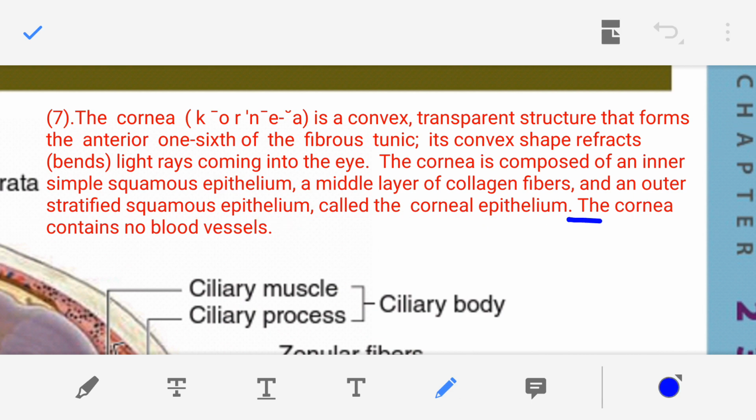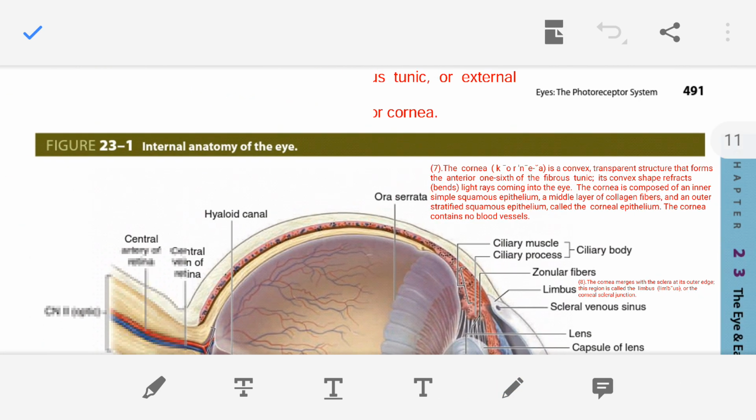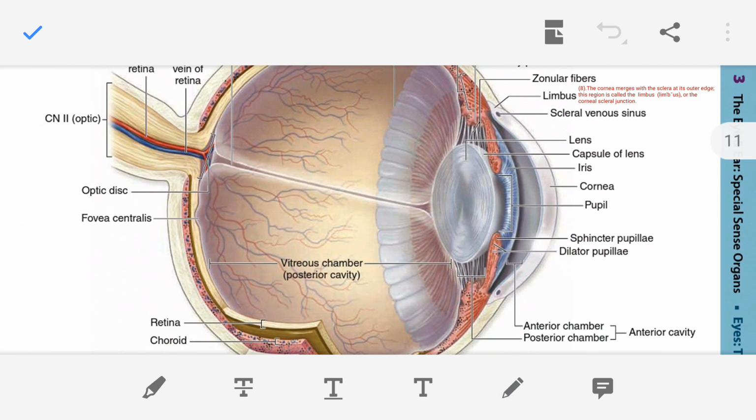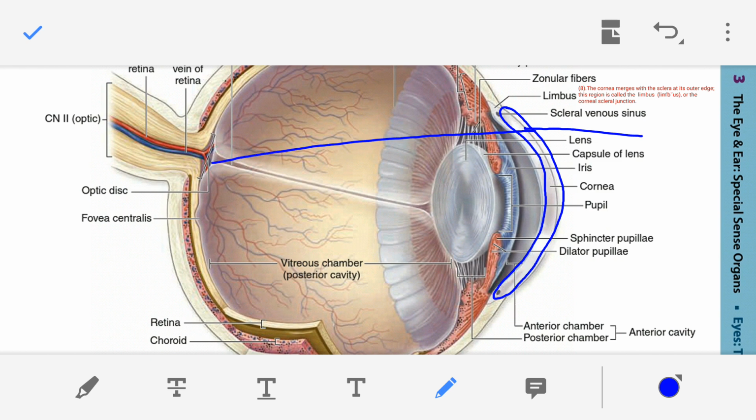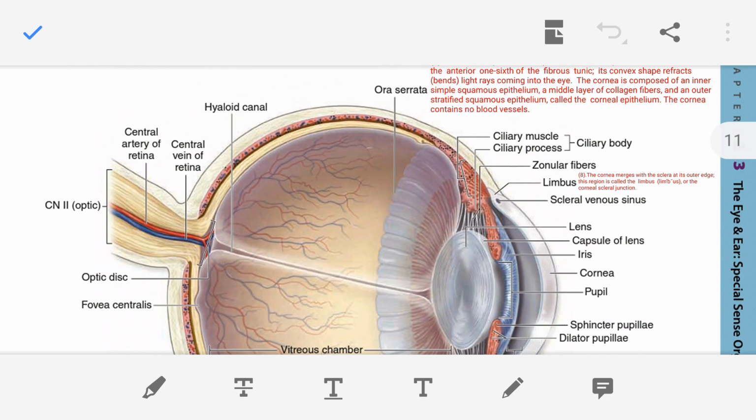The cornea contains no blood vessels. So this is the cornea, and its main role is the refraction of light.